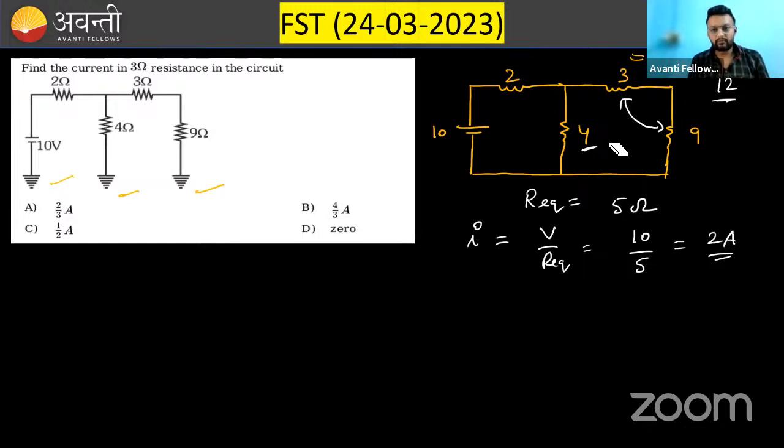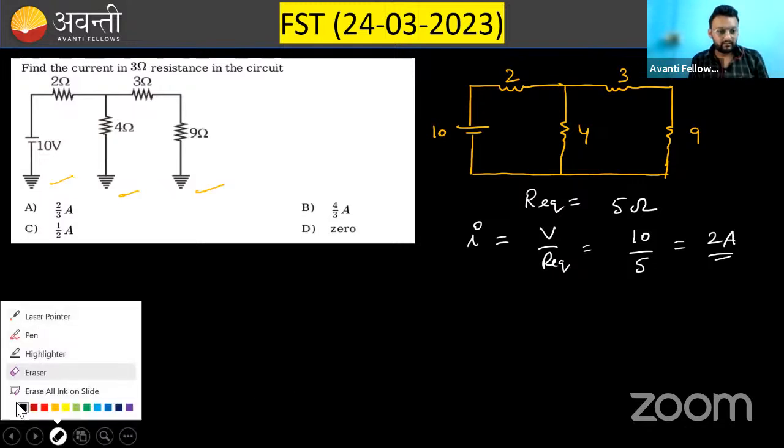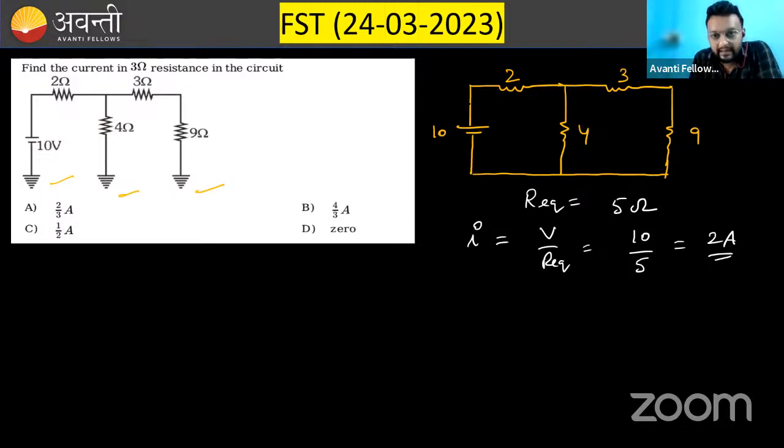Okay. Now, we know that battery has supplied 2 ampere current. I have written it here. Which formula you used for what?